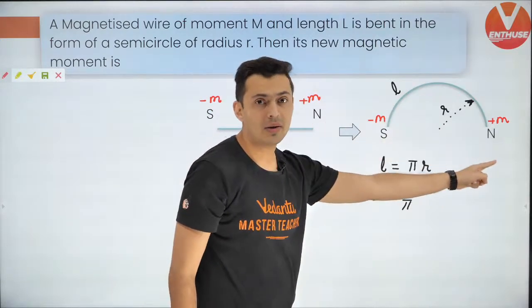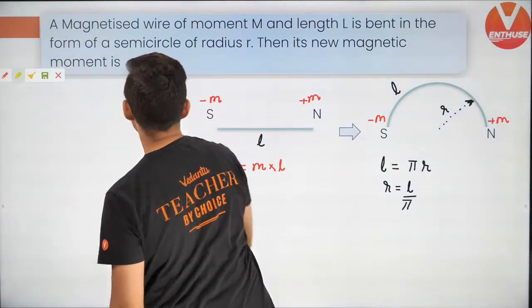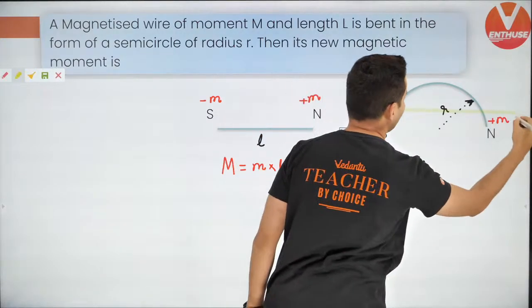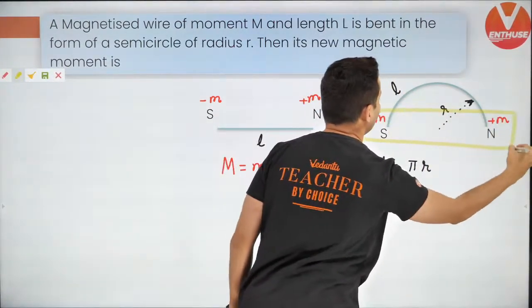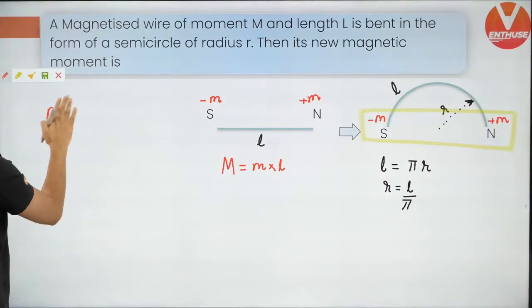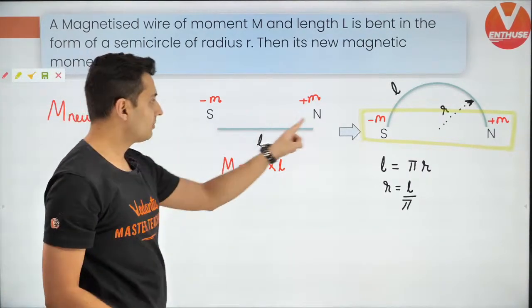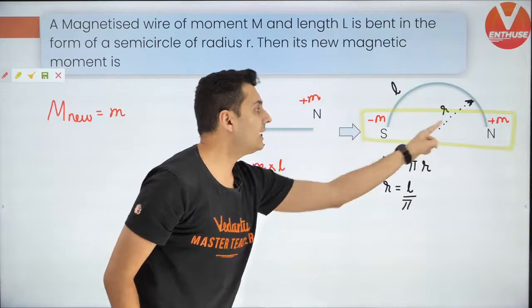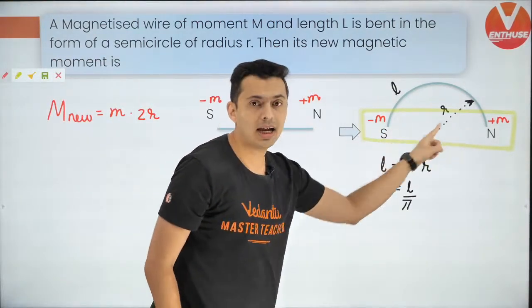Now in this scenario, when you bend it, can you see, guys, that the magnet which is formed is somewhat like this. Look at that. The magnetic length is different. Can you see the new magnetic moment? That new magnetic moment will have the same pole strength, but the magnetic length, be careful, is only 2r, which is nothing but the diameter.